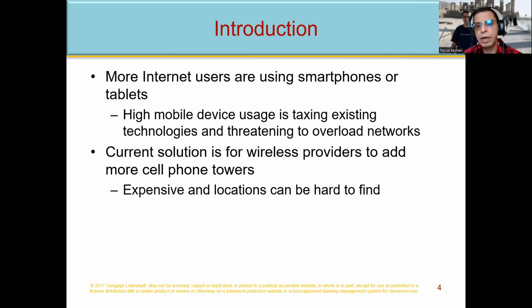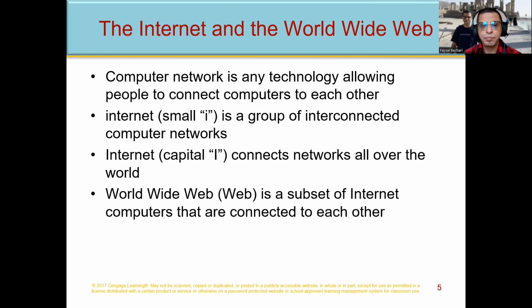High mobile device usage is taxing existing technology and threatening to overload networks. The current solution is for wireless providers to add more cell phone towers. We'll talk about that. It's expensive and locations can be hard to find.